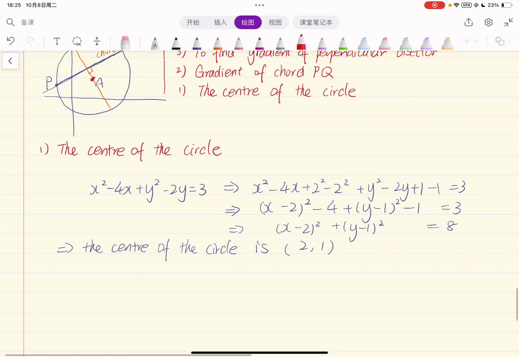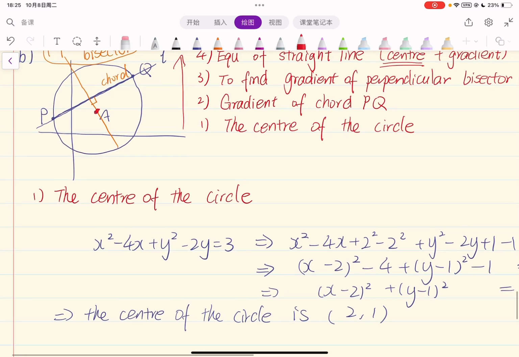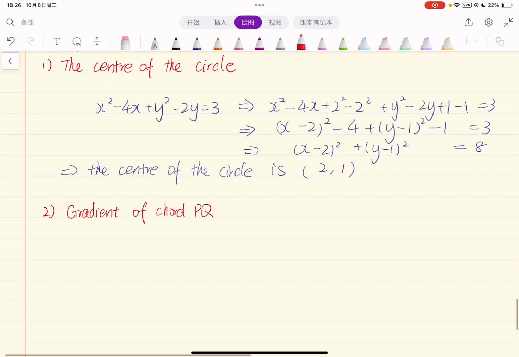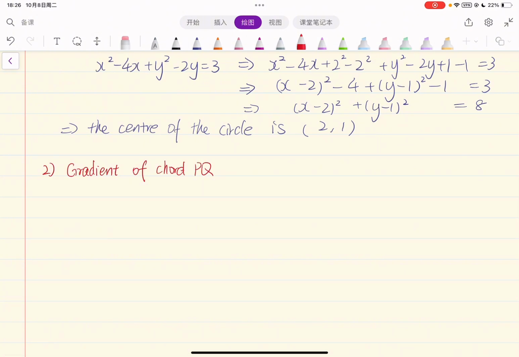Now let's do the second step, that is to find the gradient of the chord PQ. We know that the line of the chord PQ is L, and that the line is x minus 5y plus 11 equals 0. Let me show another way to find the gradient, that is to write it in the form y equals mx plus c.